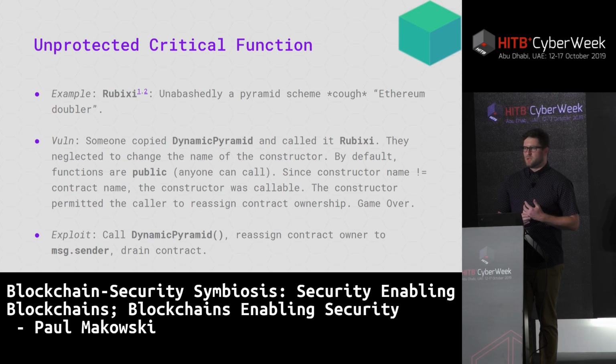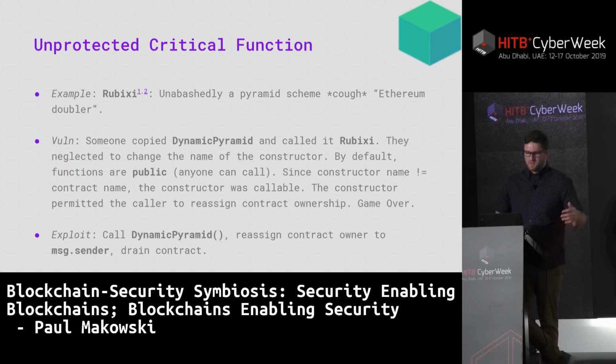Addressing specific vulnerabilities is kind of a game of whack-a-mole. If you're familiar with that game, there's fires popping up all the time and you're just putting one out at a time. So really we need a better fire department, which is a more secure language in this case. So in this example, somebody wrote an unabashed pyramid scheme on the Ethereum blockchain.